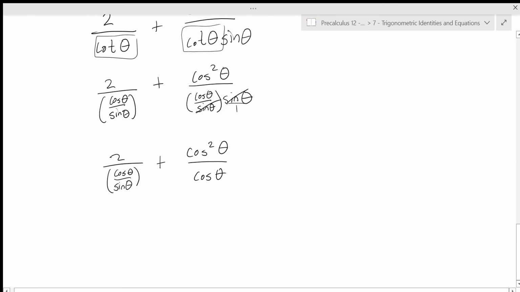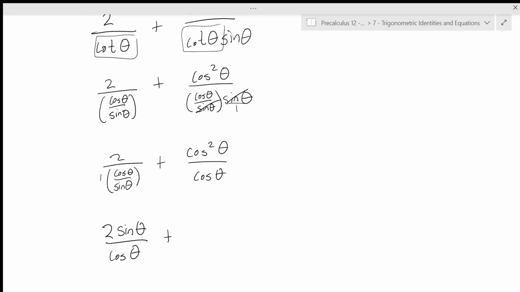So let's rewrite all of this. So this is 2 over sine theta over cosine theta. I'm dividing by a fraction, so I'm multiplying by its reciprocal. This is 2 over 1 times cosine over sine. So this is going to be plus cosine squared theta divided by cosine theta. Just a little note, because this is a new notation.